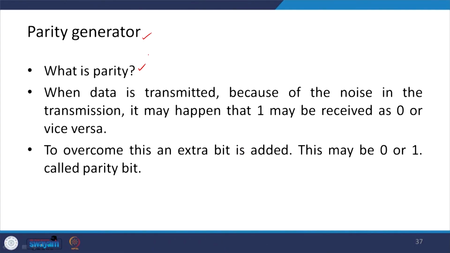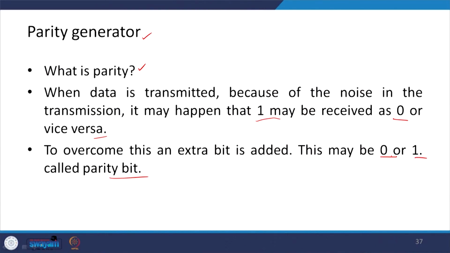So, first of all, let us see what a parity is basically. Okay. So, when the data is transmitted, because of noise in the transmission, it may happen that a one may be received as 0 or, vice versa, a 0 may be received as 1. So, to overcome this, an extra bit is added, and this may be 0 or 1, and we call it the parity bit.